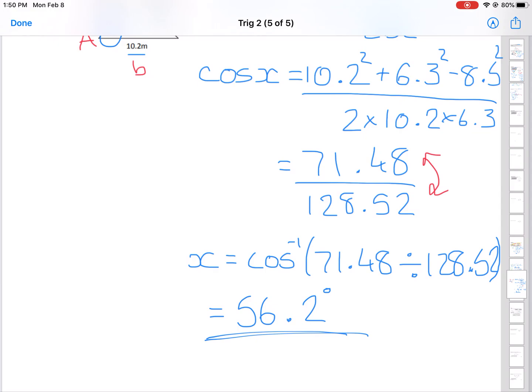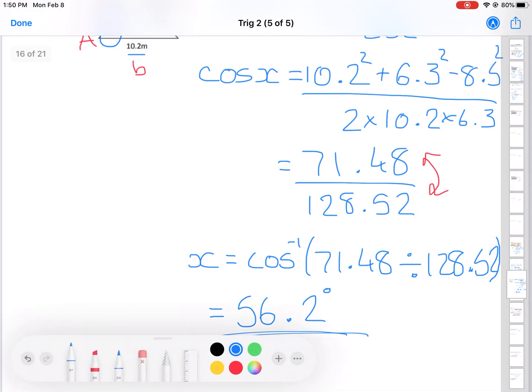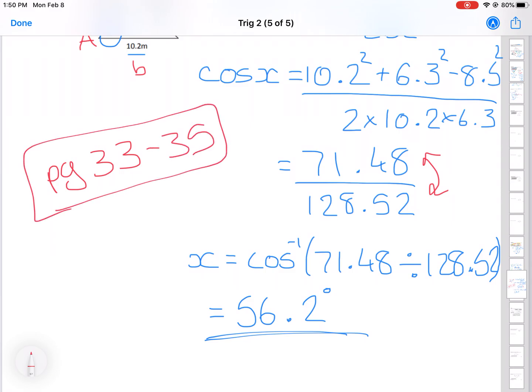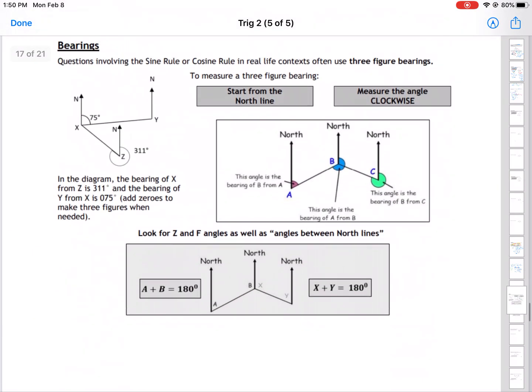You will find a mixed exercise on page 33 of the booklet, and that gives you a mix of them all, but also gives you some past paper questions as well, and some rather tricky questions. That goes from page 33 to page 35, and as I say, it'll give you a mix on page 33, and then it starts going on to the trickier questions as well. Okay, so that's where you'll find those, and we'll move on to the next set of notes.